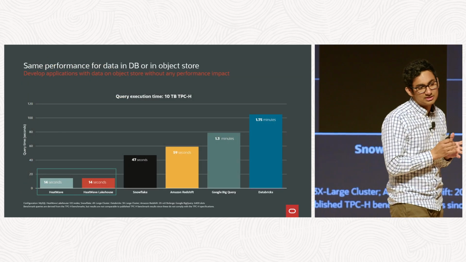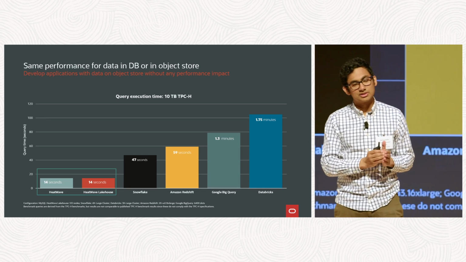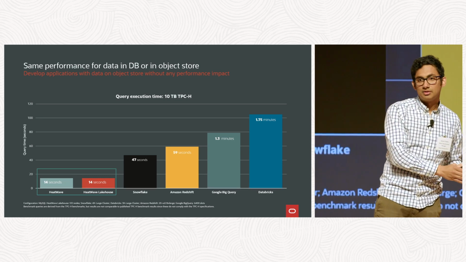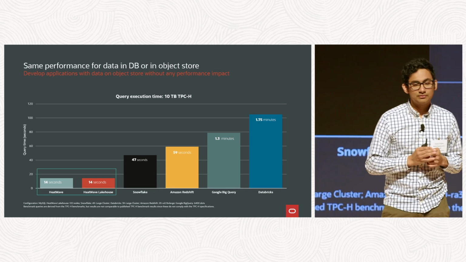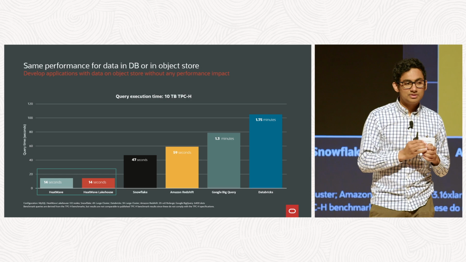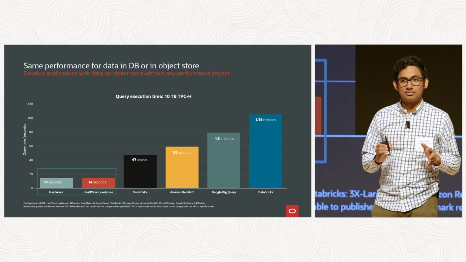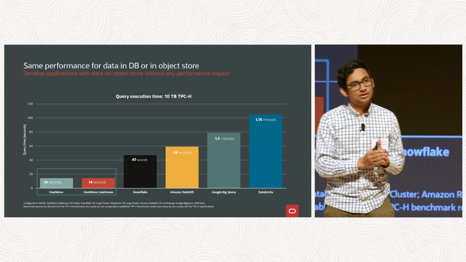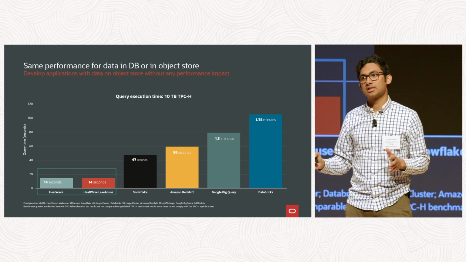What is important to note here is that even though the data may be coming from different sources, it could be coming from the MySQL database into HeatWave, it could be coming from object store into HeatWave, the performance of queries does not change. So you give up nothing as far as query performance is concerned, no matter where your data is coming from.